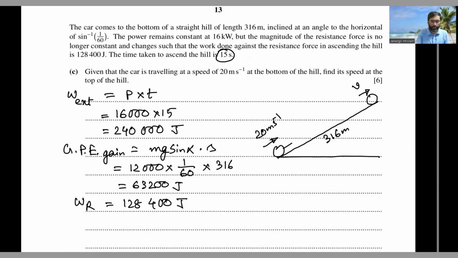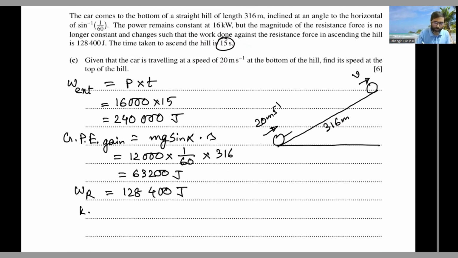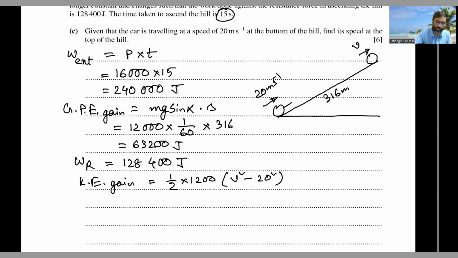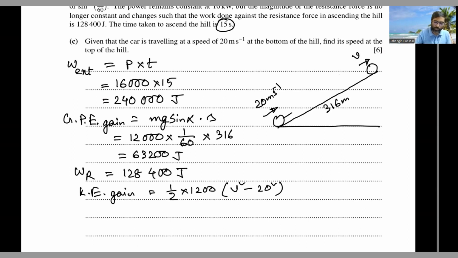Okay. So let's consider that there is a KE gain, although the actual thing might be a KE loss. If you consider KE gain, it will be half into 1200 into V squared minus U squared. Now, if you consider the work-energy principle, we know work by external force plus loss equals gain plus work against resistance.